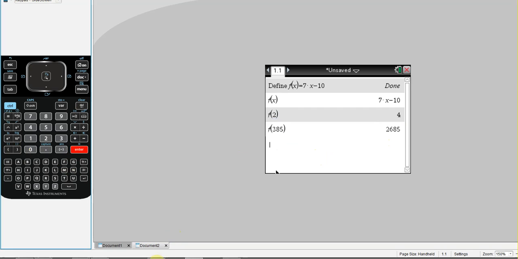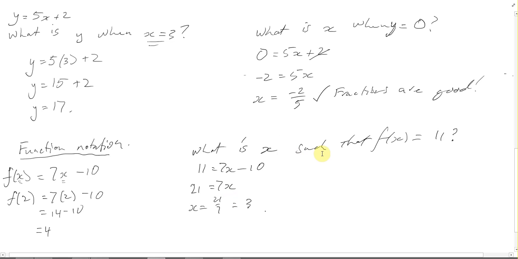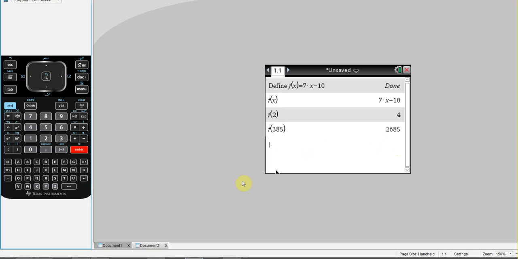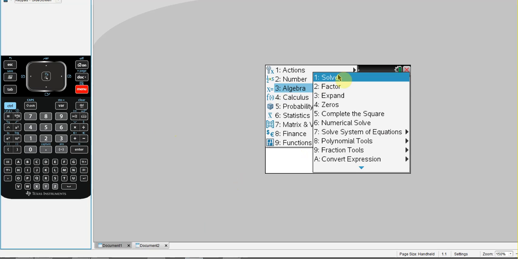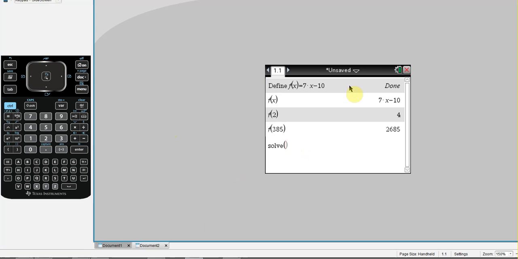Okay, for our next question, when we wanted to know what x is for our function to be 11, it's a little bit more complicated. We're actually solving for x. So we need to go to menu, we're doing algebra here, and we need to solve. So we go solve, and then we type in the equation that we're solving for. So we want that f of x to be 11.